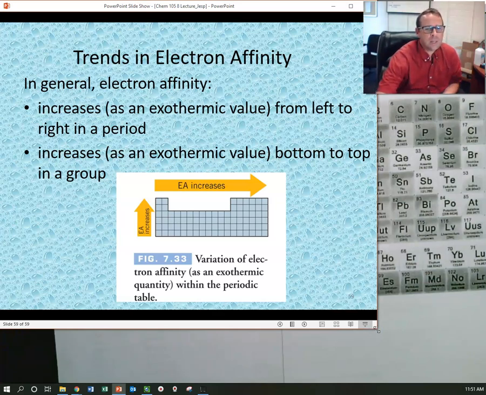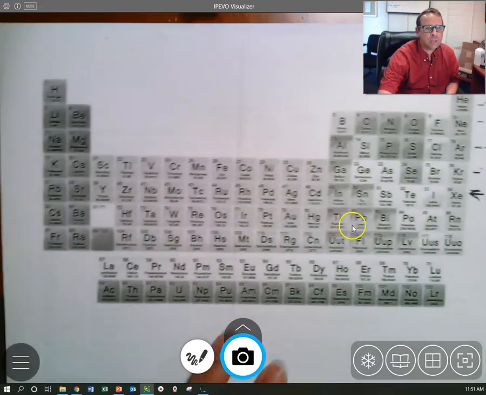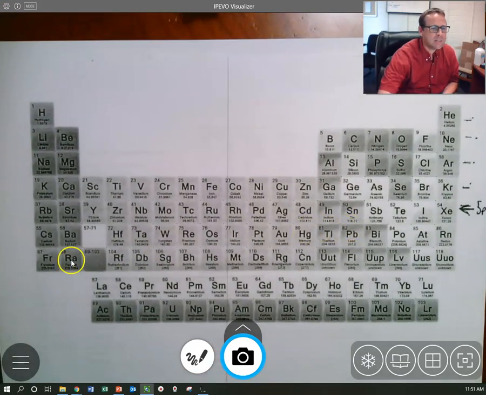Let's see here then. When we say this is an increase, it's increasing as an exothermic value from left to right and increasing from bottom to top. So if we look at our periodic table, if francium gets an electron, who are we at?